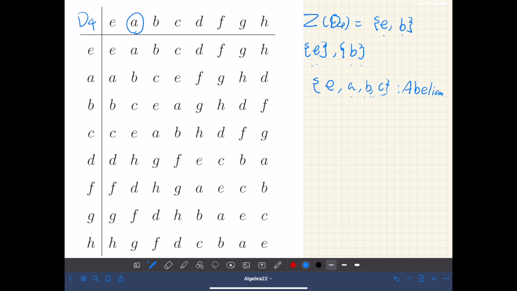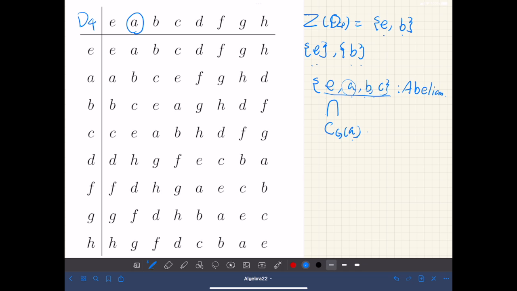That means this subgroup is a subset of the centralizer of A, because the centralizer consists of elements that commute with A, and since this is an abelian group containing A, it should be a subset of the centralizer.